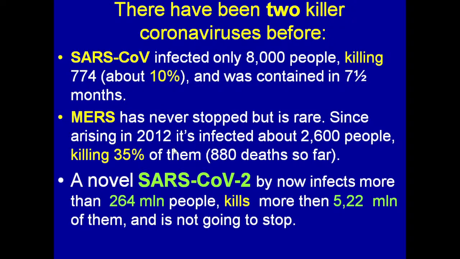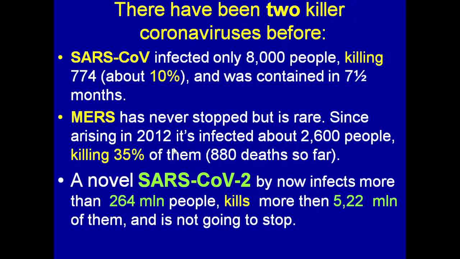But then finally, the novel SARS-CoV-2 appeared in 2019, and by now it has infected more than 264 million people, my dears. Of course, this lecture was updated a couple of days ago, and the numbers are changing very quickly.